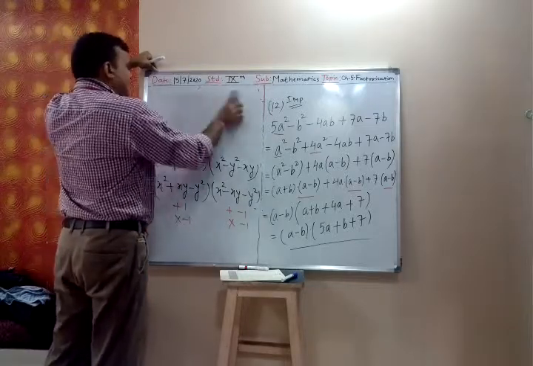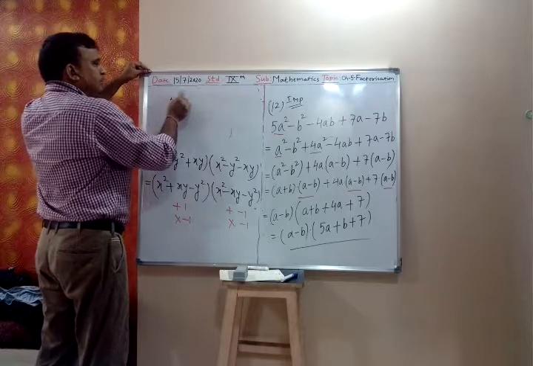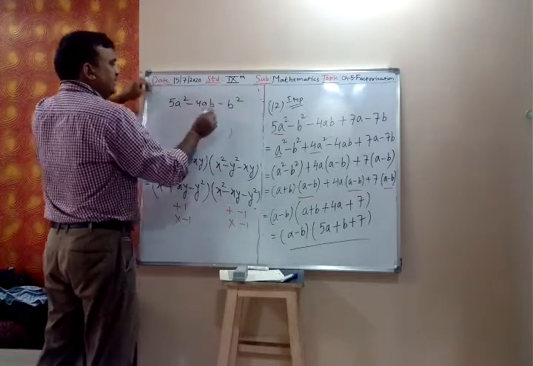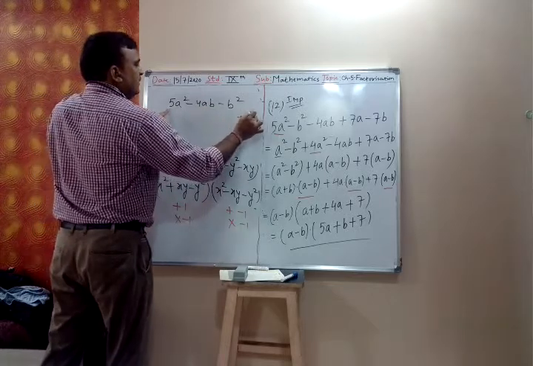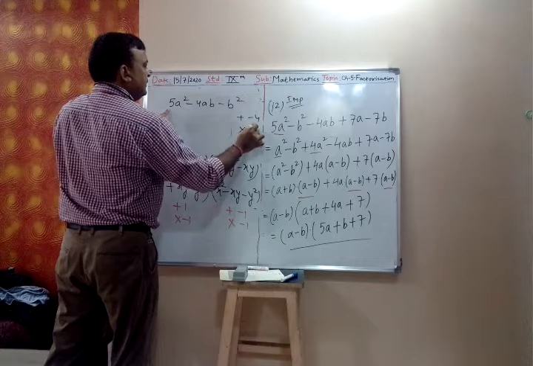I am just explaining that, I am not writing that part. 5a square minus 4ab minus b square. Find two numbers whose sum is minus 4 and multiplication is 5 into minus 1, minus 5.